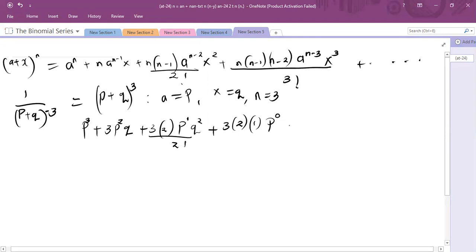Then x cubed, our x in this case is q, so q raised to power 3, all this divided by 3 factorial.